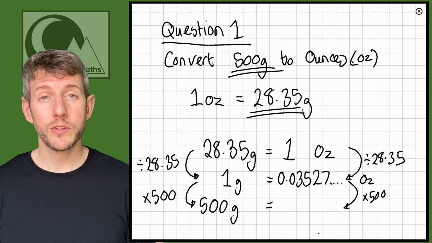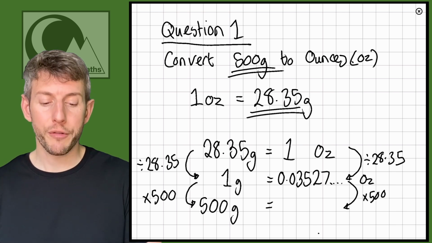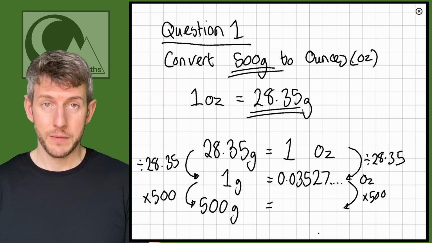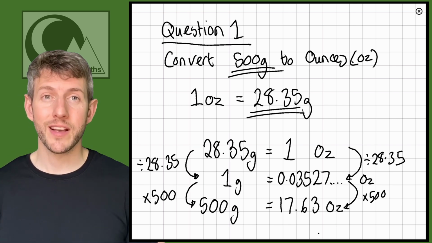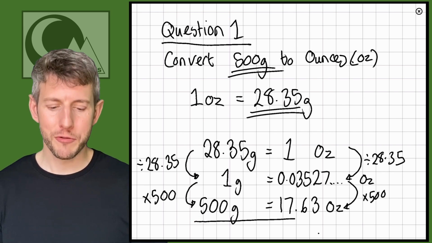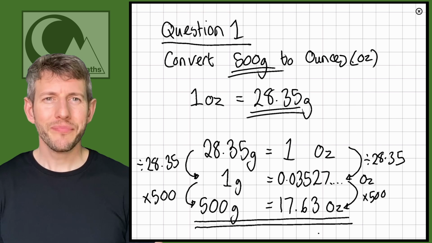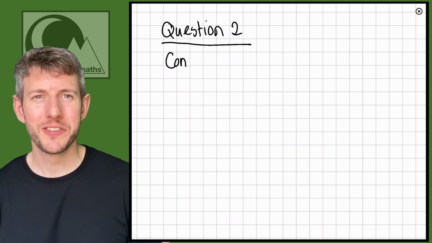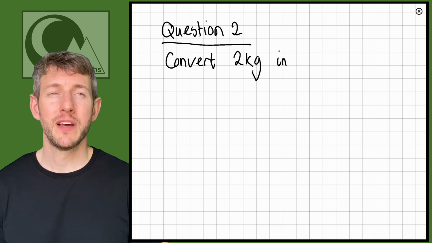So 1 times 500 is 500 grams, and 0.035273 times 500 equals 17.63 ounces. So there we go, 500 grams is 17.63 ounces.